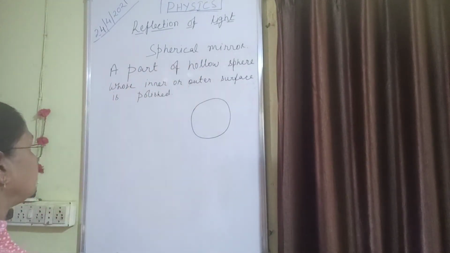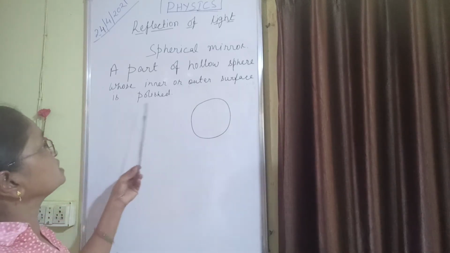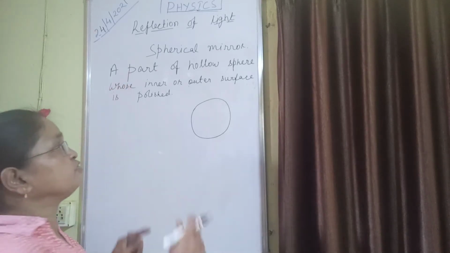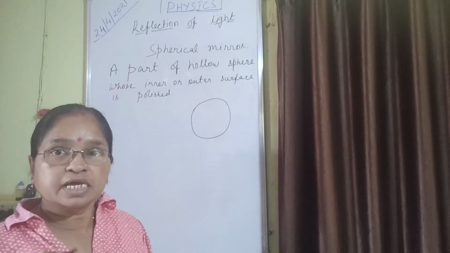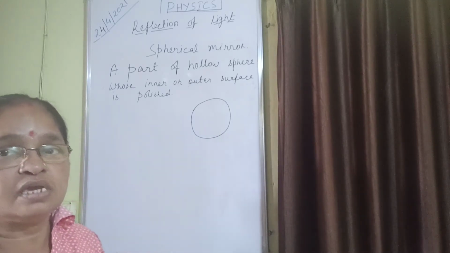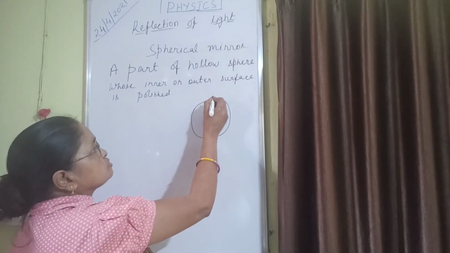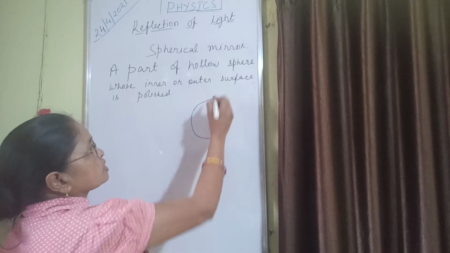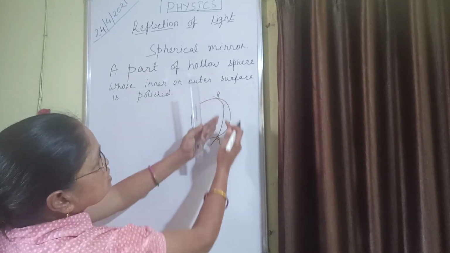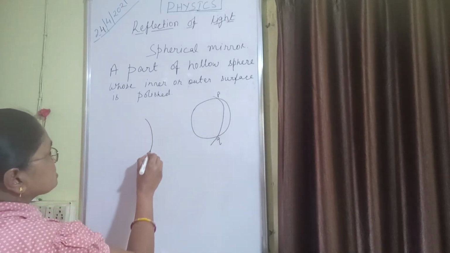Spherical mirror is a part of a hollow sphere whose inner or outer surface is polished. So first of all, this mirror is in the form of a sphere. Second thing, inner or outer surface is polished. If you cut this sphere like this, suppose PQ, it will remove this surface P and Q, so you will get this shape.